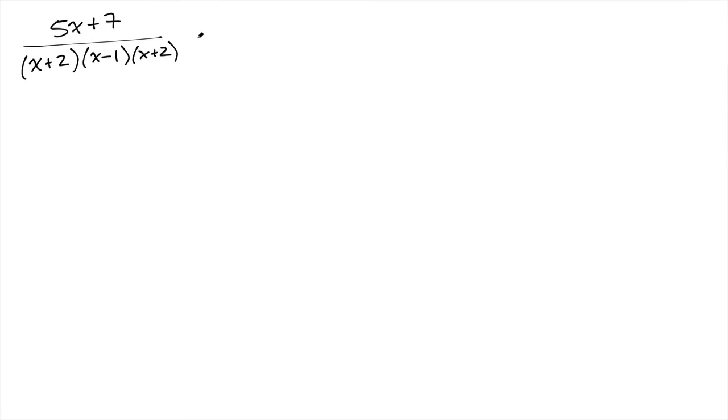The next thing is we're going to actually write out some partial fractions. And this is where the factors come into play. Each of these factors is a linear factor. So what we're going to do is get a fraction with each one of those: x plus 2, x minus 1, and x plus 1.